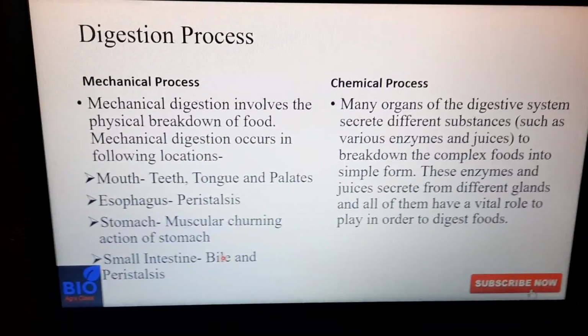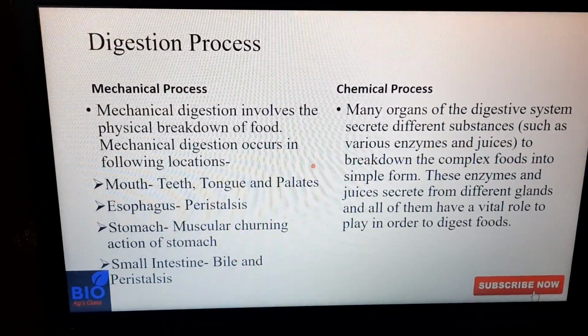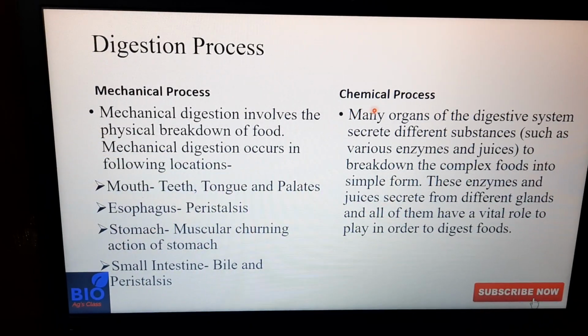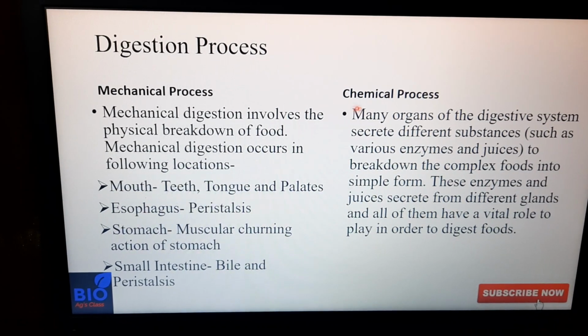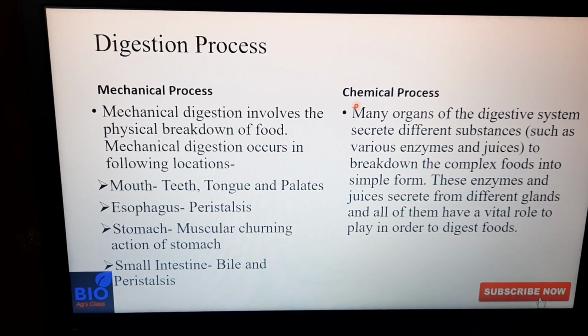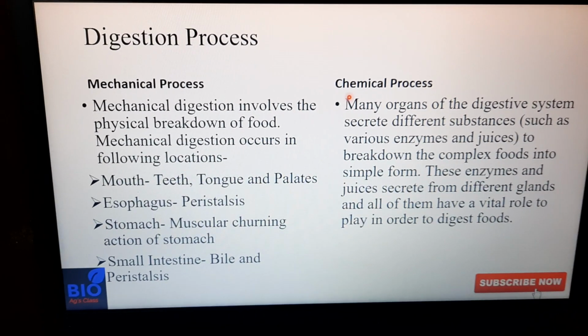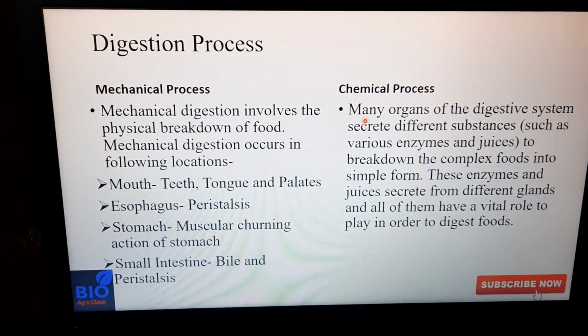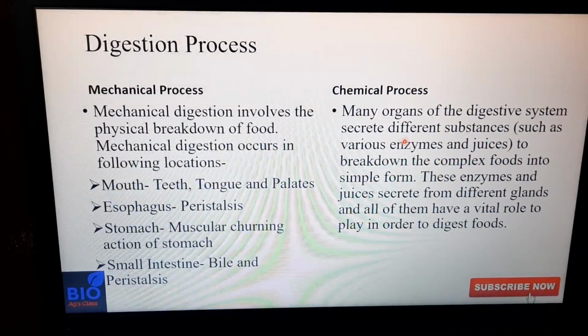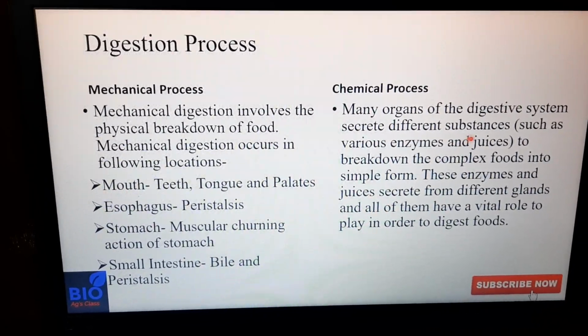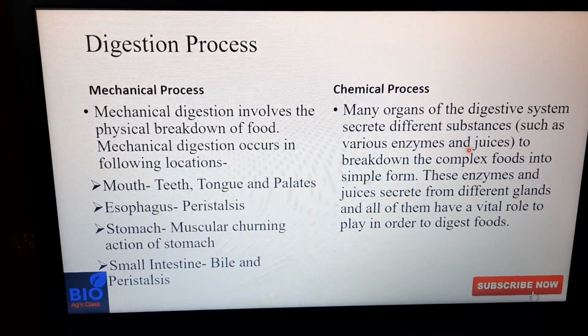Okay, then our next digestion process is the chemical process. You can see the name is chemical process, as some chemical reactions are involved with this. Many organs of the digestive system secrete different substances such as various enzymes and juices.